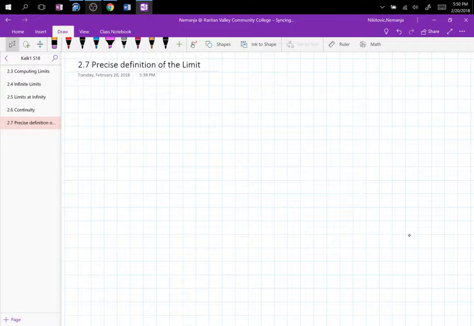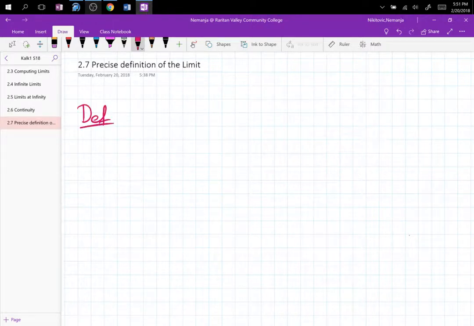So now we are going to write the precise definition for the limit, which was provided in the 1800s, I think 1850, whereas calculus, differential calculus and so on originated in the 1600s. 1666 is when Newton had his paper written. So we are talking about the precise definition of the limit. So here we go.